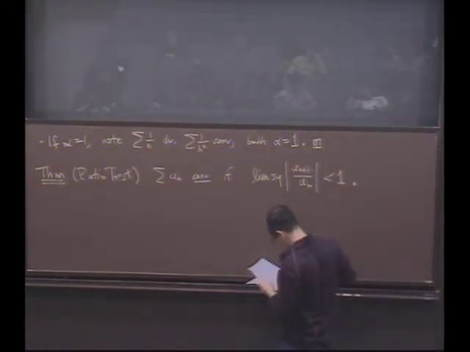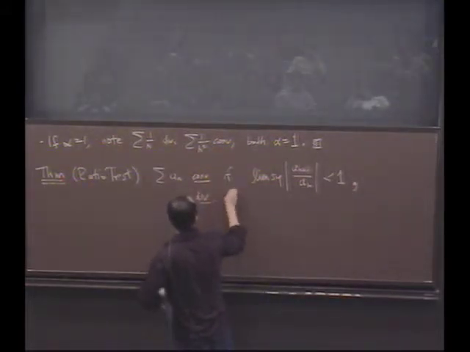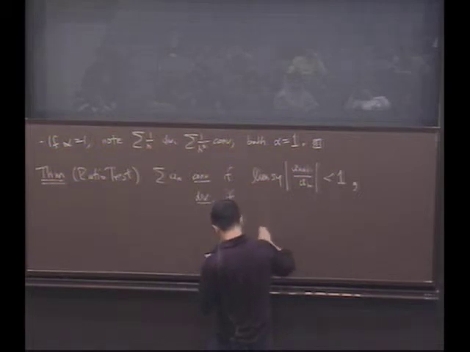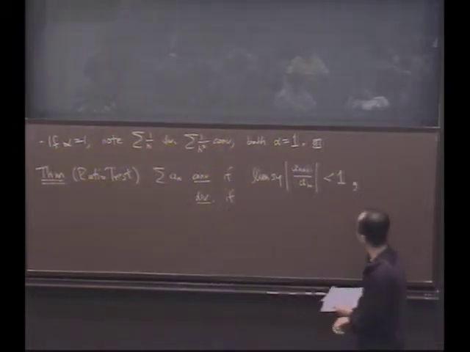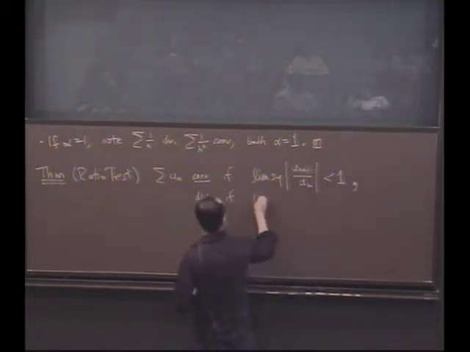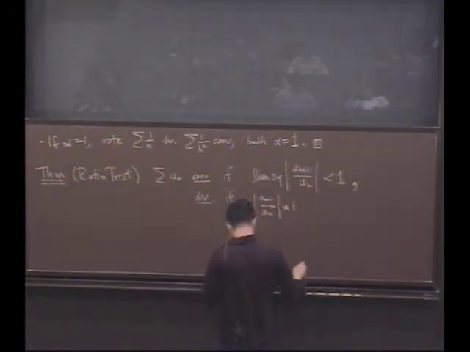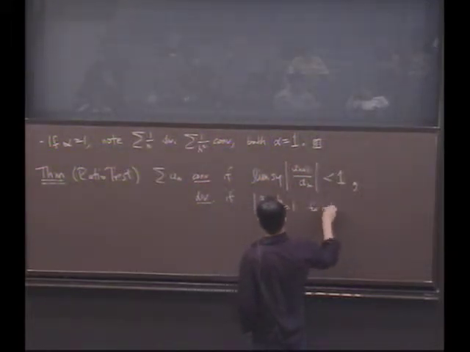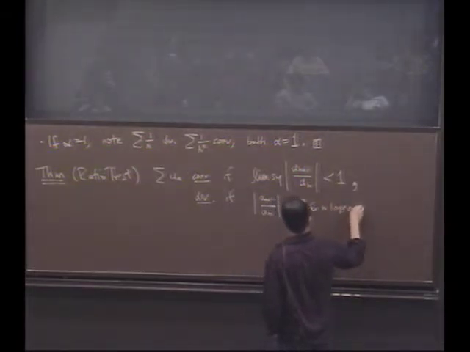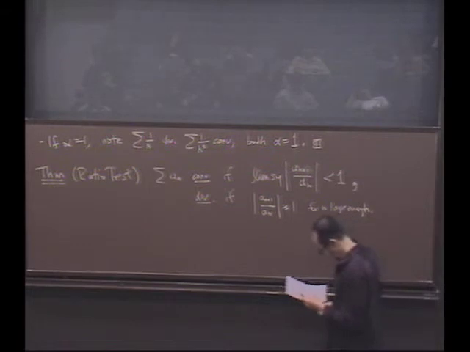Very good. And it diverges if the ratio of a sub n plus 1 over a sub n is bigger than or equal to 1 for n large enough, for all n bigger than some number. Okay.